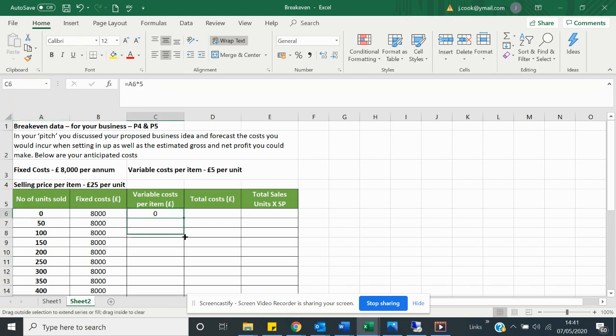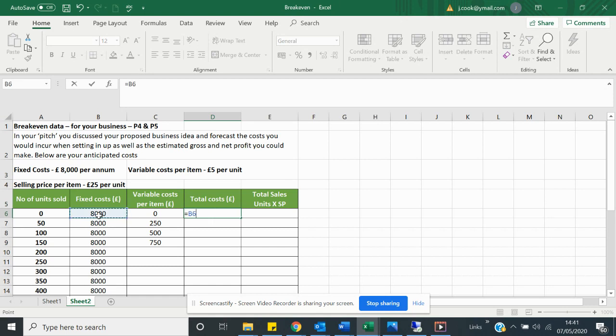If I pull that formula down, can you see if I sell 50 the variable cost goes up to 250, £5 per item. Then for the total costs, if I press equals fixed cost plus the variable cost, there we go, and then drag that formula down and you're ready to go.